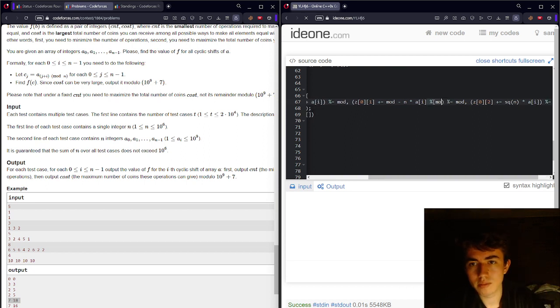Oh, I do. Because it's negative. There should be percent mod. This one's also percent mod. And this should be I minus n. I minus n. Minus n.